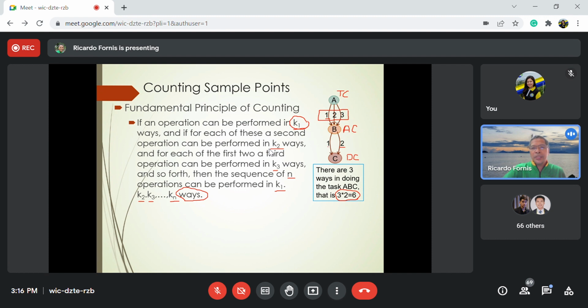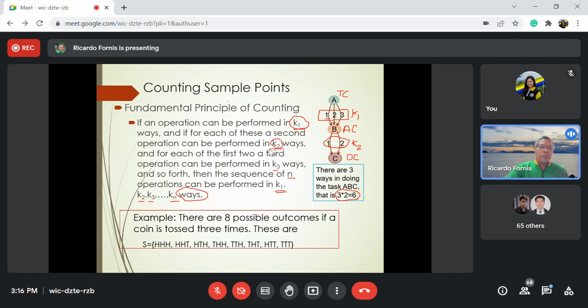After which, the second event can be performed in 2 different ways. That's now the K2. And because there are only 2 successive events, we calculate the total number of ways by multiplying K1 by K2. So that is the essence of this principle, the fundamental principle of counting.